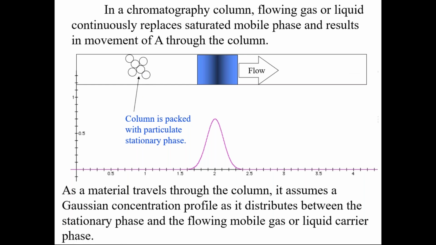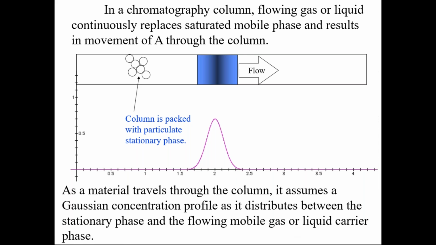As the analytes move through the column, each assumes a Gaussian concentration profile as it distributes itself between the stationary phase and the mobile phase.